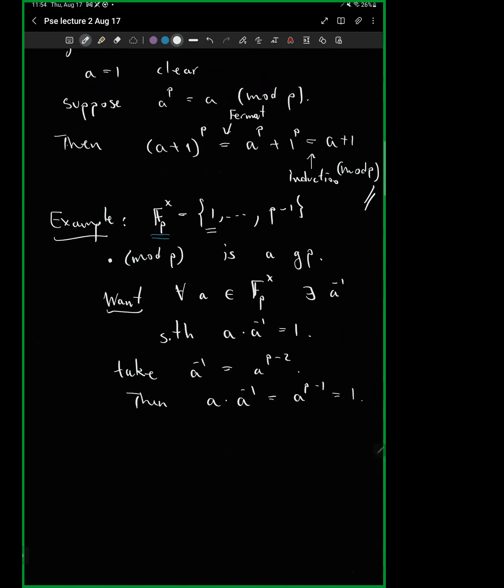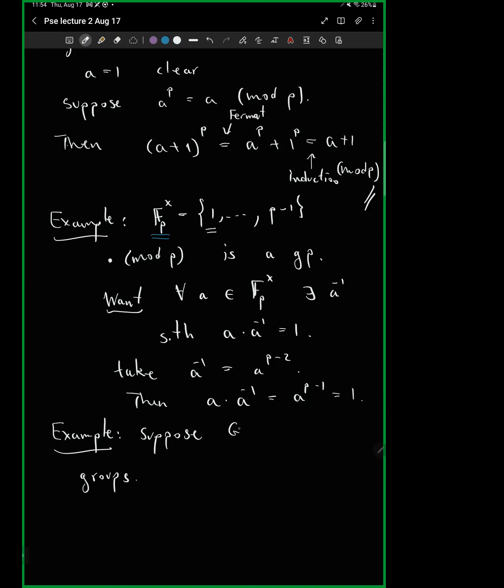Any questions? Okay, so suppose H and G are groups. I want to specify the unit elements.